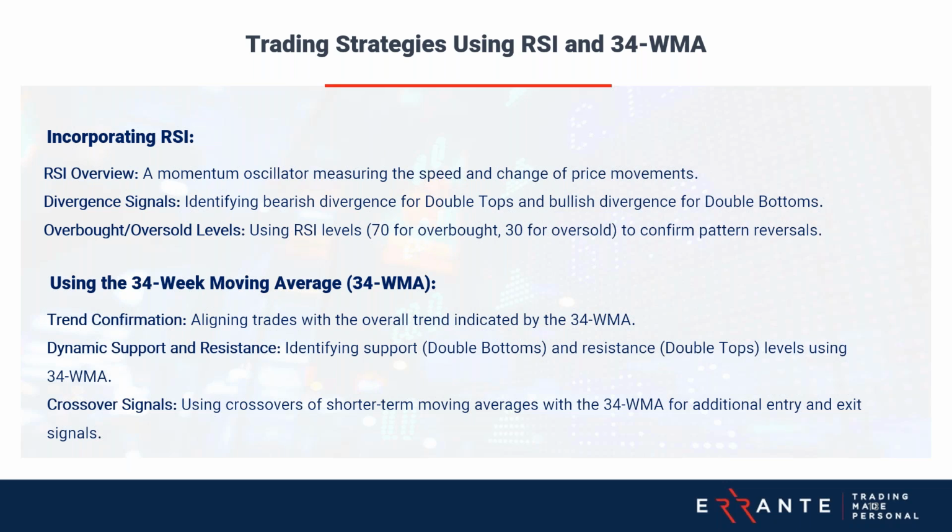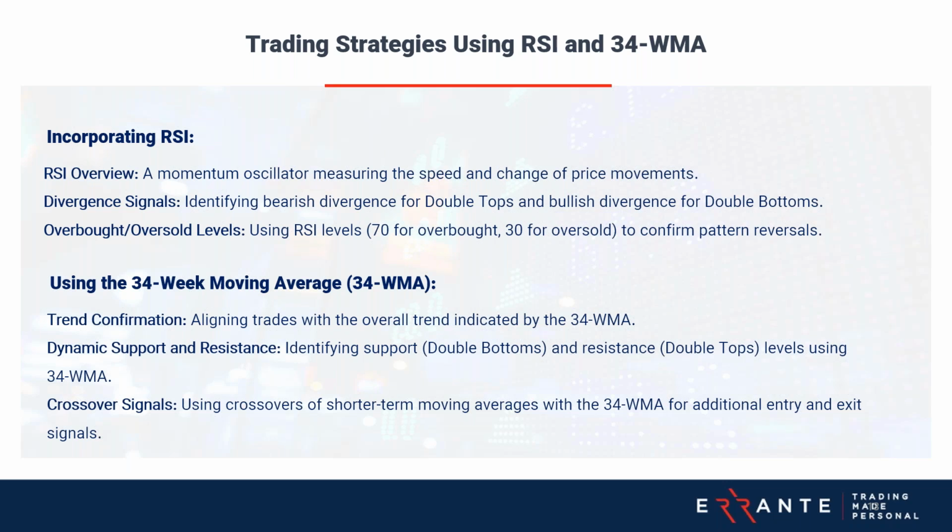Similarly, for double bottoms, if the price holds above the 34 WMA during the formation of the second trough, it reinforces the support level and strengthens the bullish signal. This dynamic nature allows the moving average to adjust with the market, providing more relevant and timely signals.